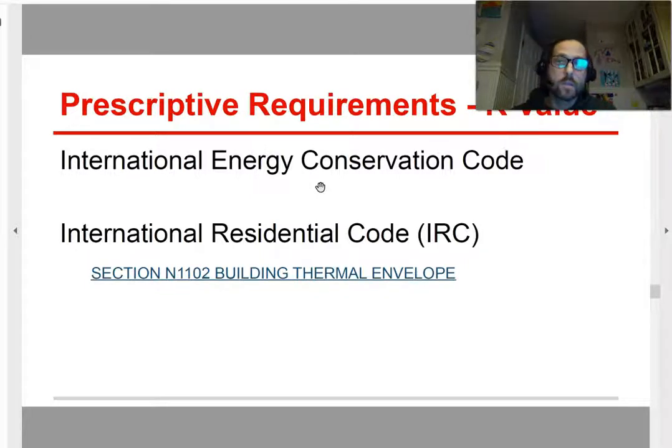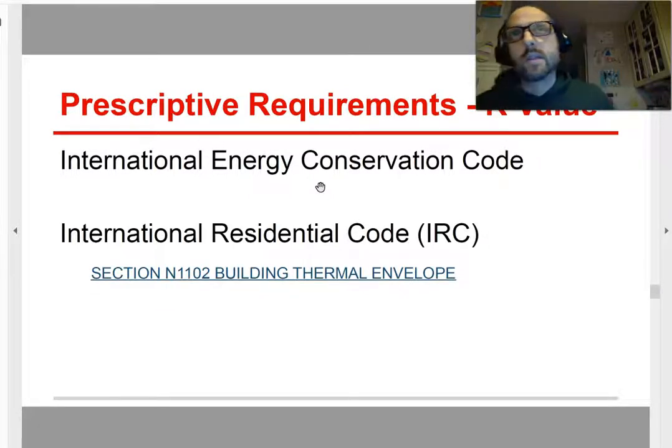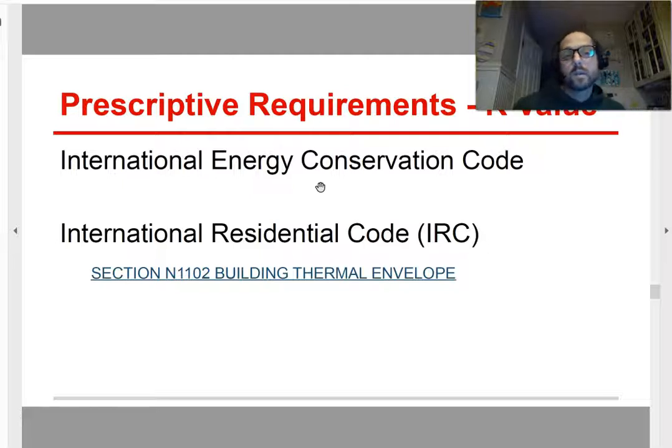And they publish this code, and they just put it out there. The intent is that you can adopt whatever code you want. So if I'm the city of Wilmington, and I want to update my building codes, instead of having to come up with my own code all the time, I can just go to the IECC and adopt as much of their code as I want.